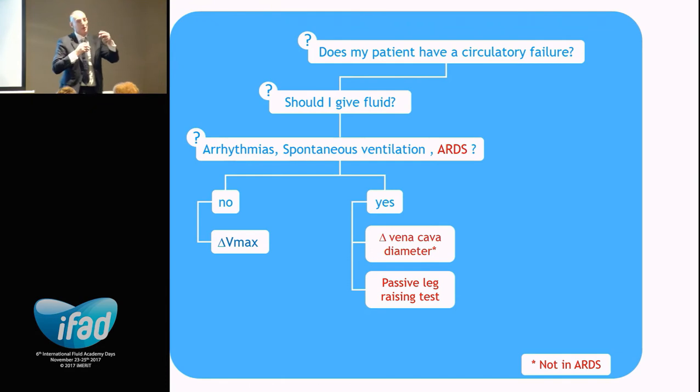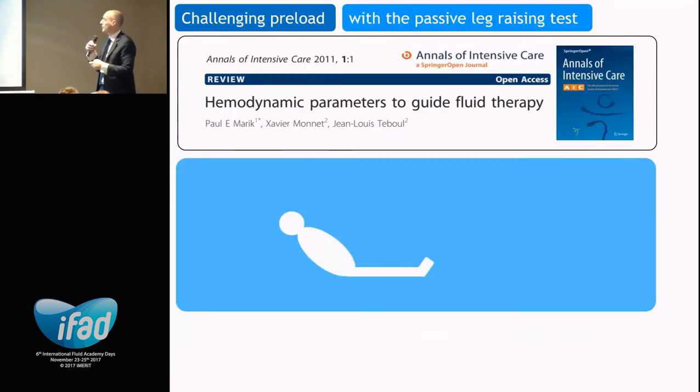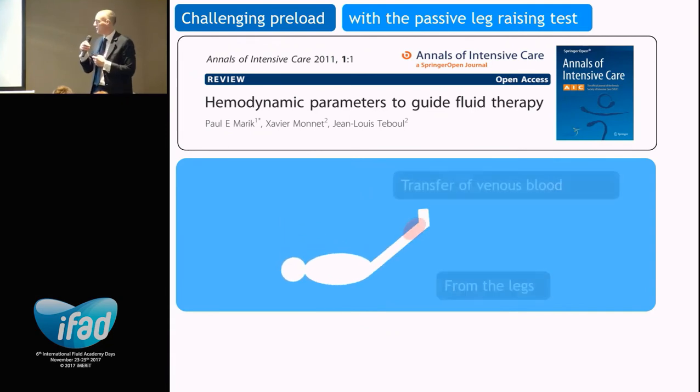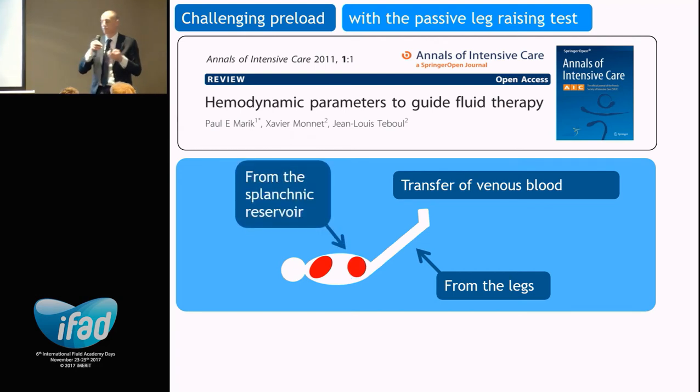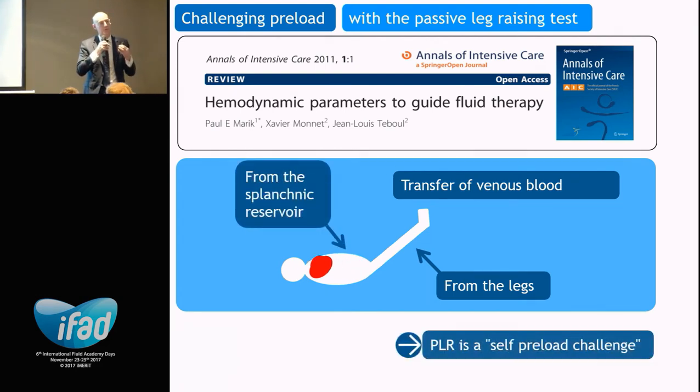So the third method you could use is another one, and it is the passive leg raising test. Of course, you've heard about passive leg raising. The principle is very easy to understand. In a patient that you move to the passive leg raised position, you induce the transfer of some blood from the legs and, more importantly, from the splanchnic compartment toward the cardiac cavities.